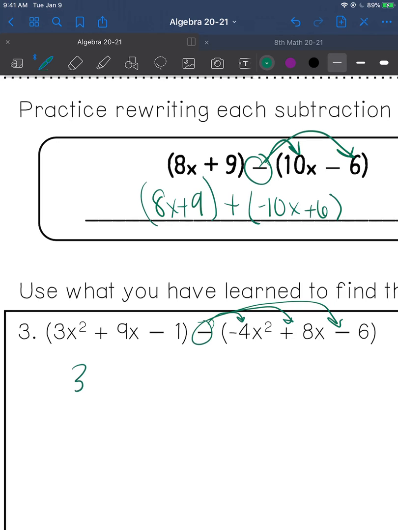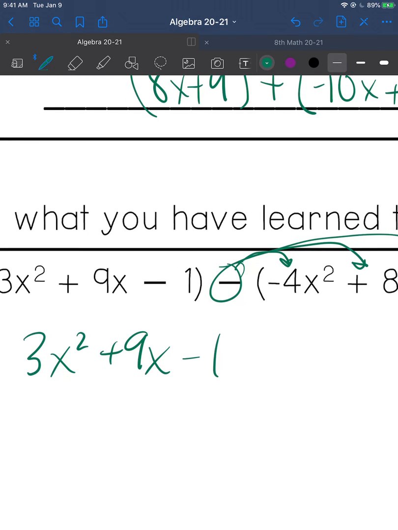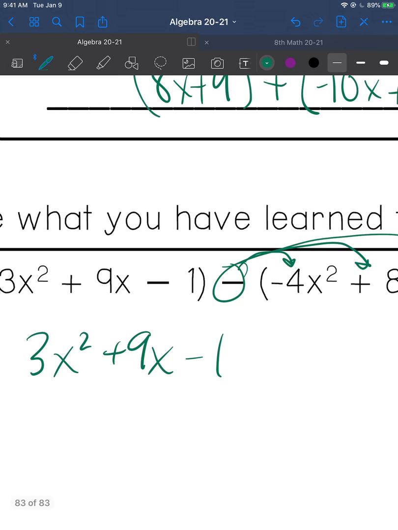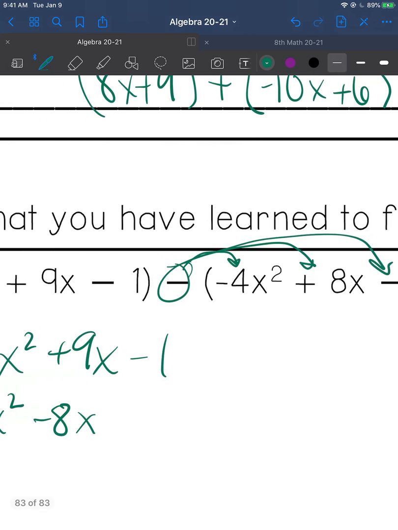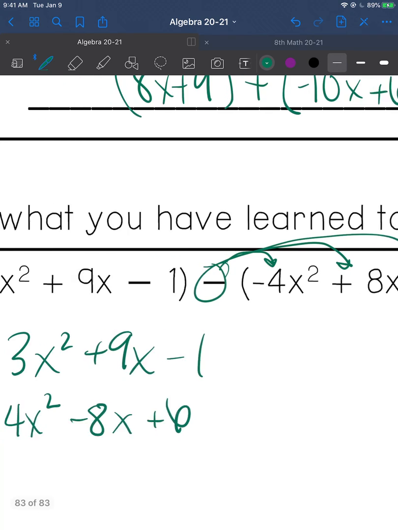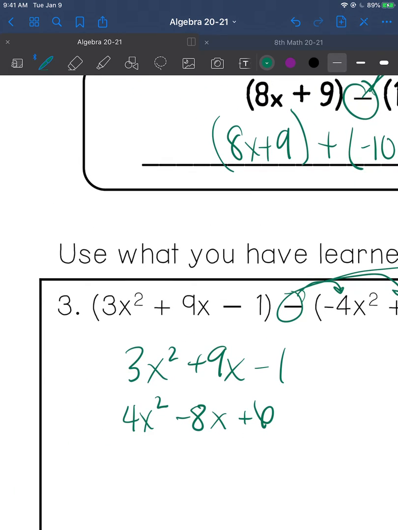But I'm going to put 3x squared plus 9x minus 1. And then I'm going to rewrite that second polynomial after we've distributed. So negative 4x squared after distribution of the negative is a positive 4x squared minus 8x plus 6. I've just changed the signs. Add them all up.